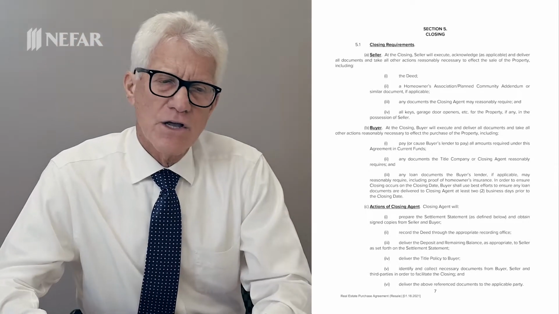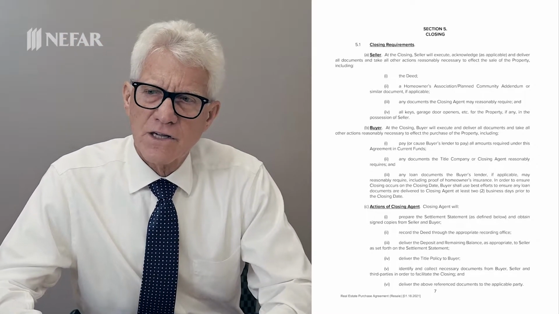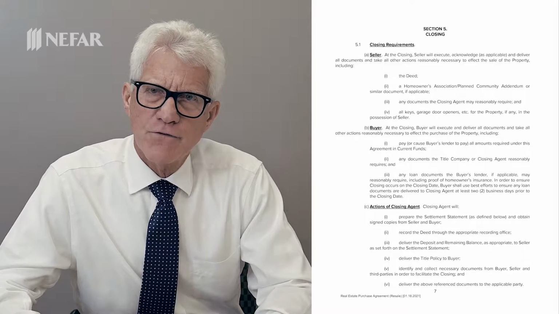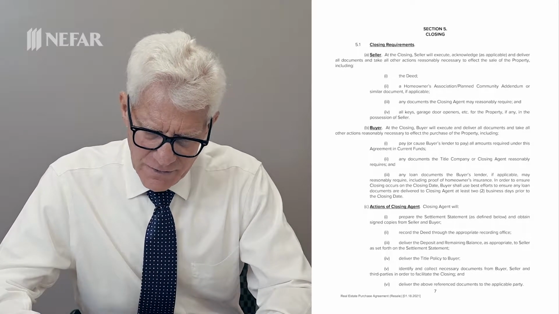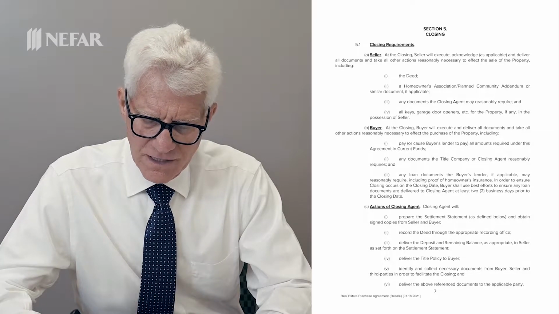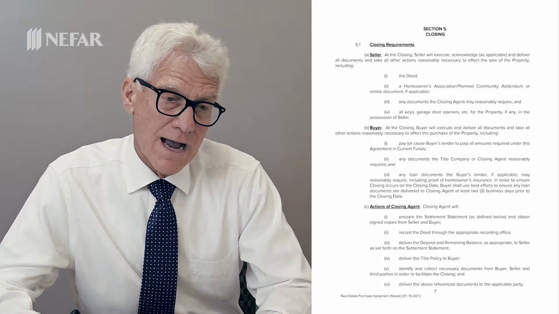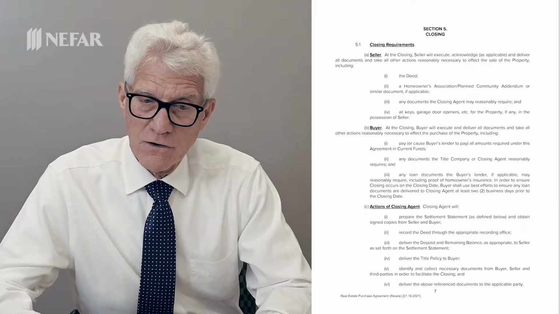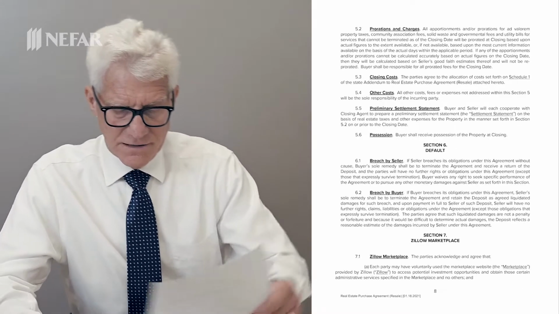Good luck. As you all know, we're lucky to get the closing documents from the lender a few hours before the closing, but this one says the buyer would use their best efforts to ensure that the loan documents get to the closing agent 2 days before. I guess all the buyer can do is ask their loan officer to please do that.